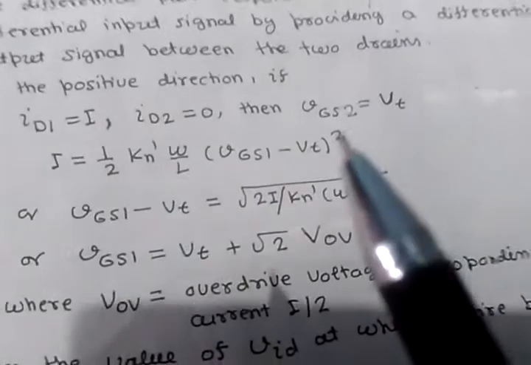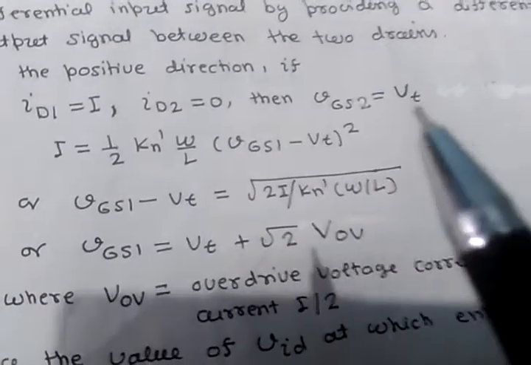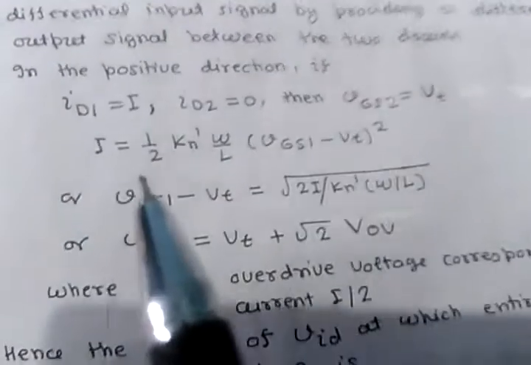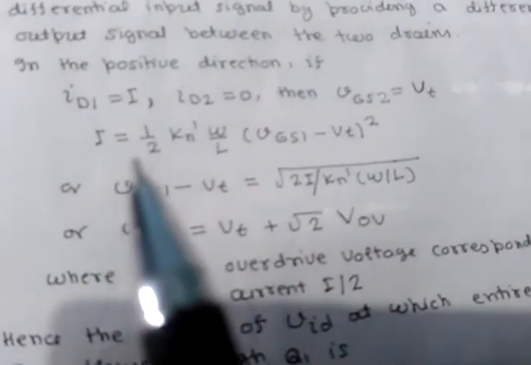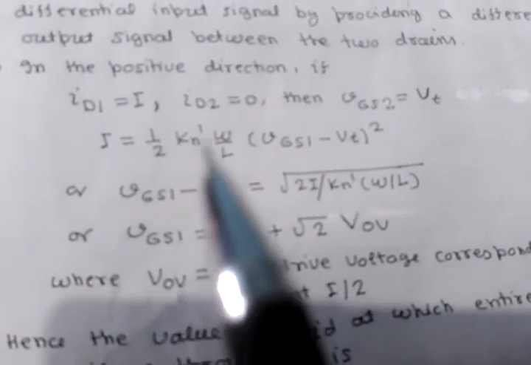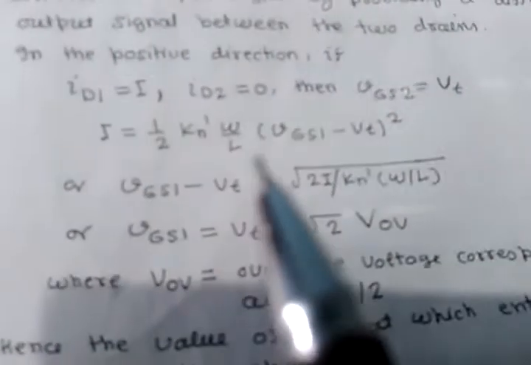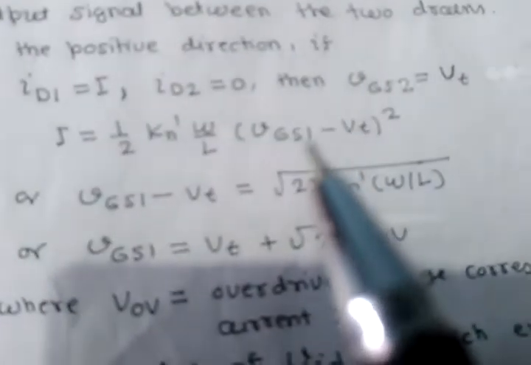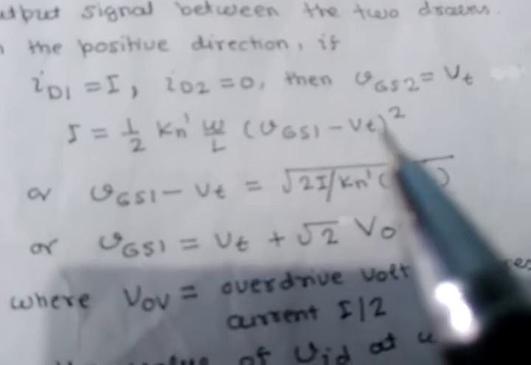In this case VGS2 will be VT, because we already know the drain current is given by I equals 1/2 Kn' W/L (VGS1 minus VT) whole squared.